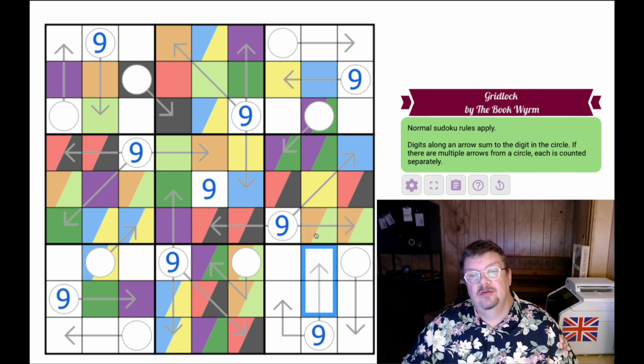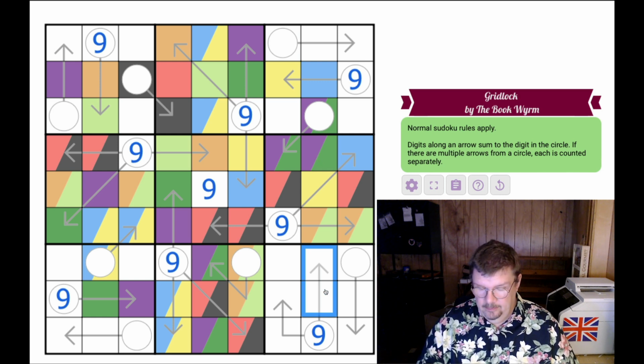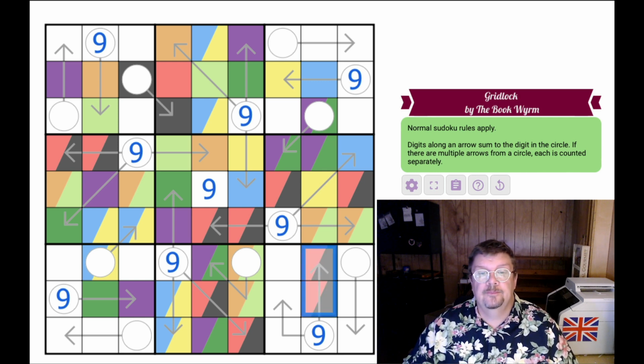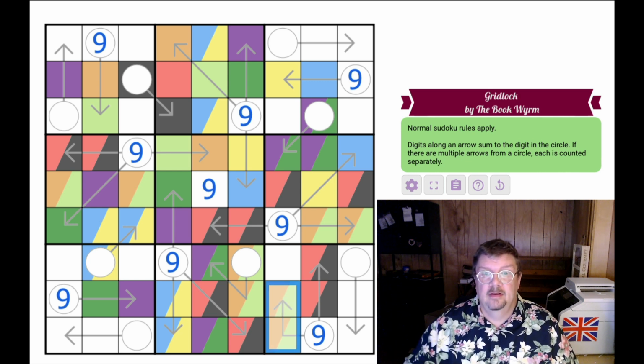By Sudoku, this is not the light green orange 9-sum, it's not the yellow blue 9-sum, it's not the purple dark green 9-sum, so that is the red black 9-sum. By Sudoku, this is not the red black 9-sum or the purple green 9-sum or the yellow blue 9-sum, so that is the orange light green 9-sum.